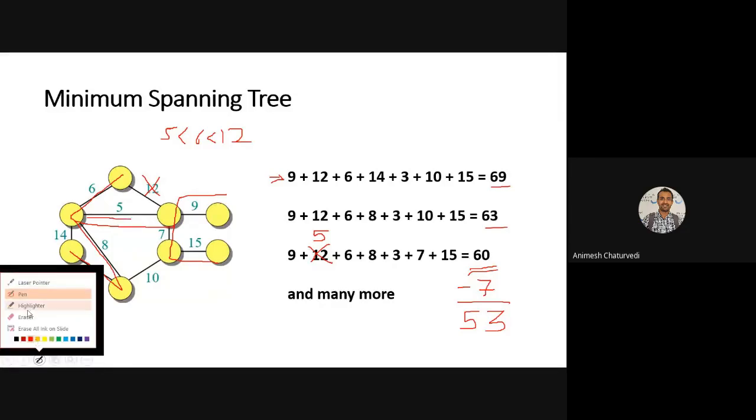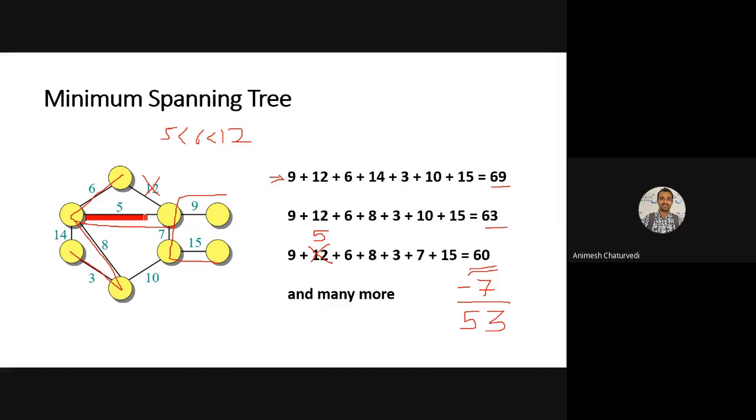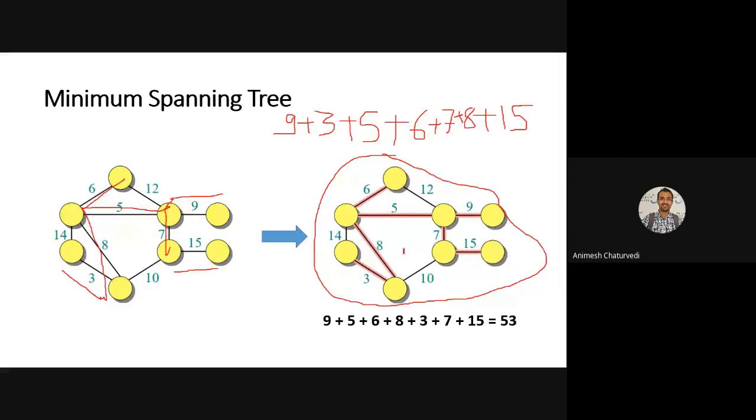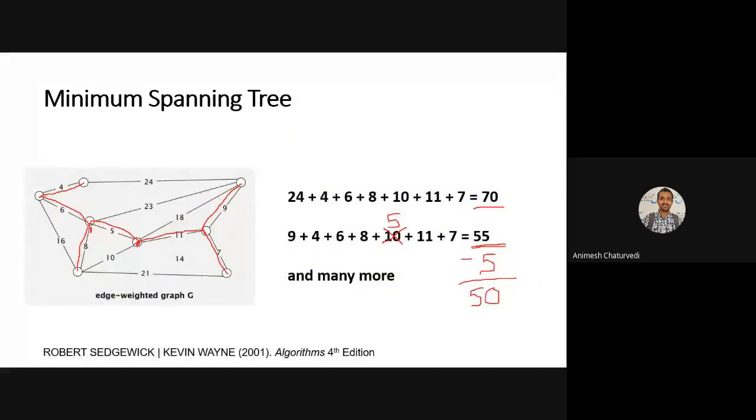Similarly, again this 5, the same value, 5 is the part of the minimum crossing edge. So you have to find out all these minimum edges.